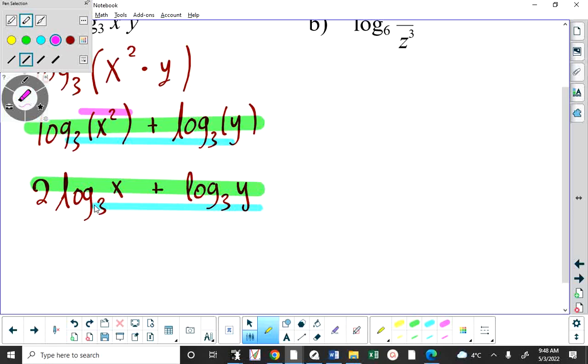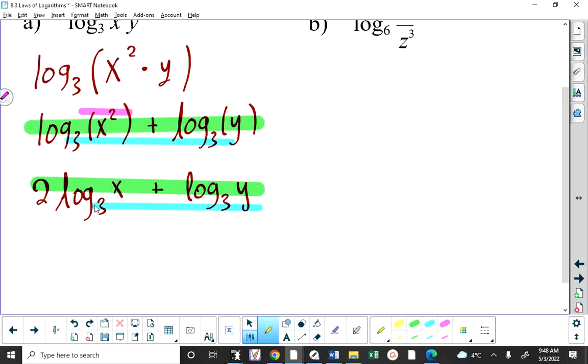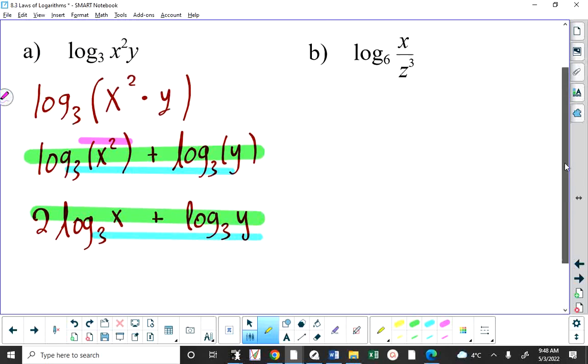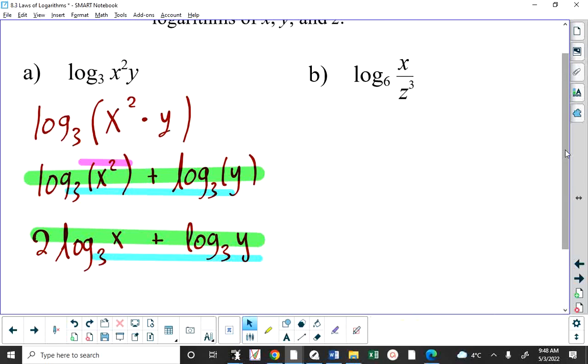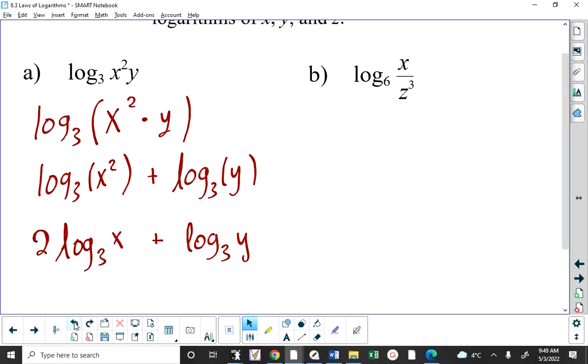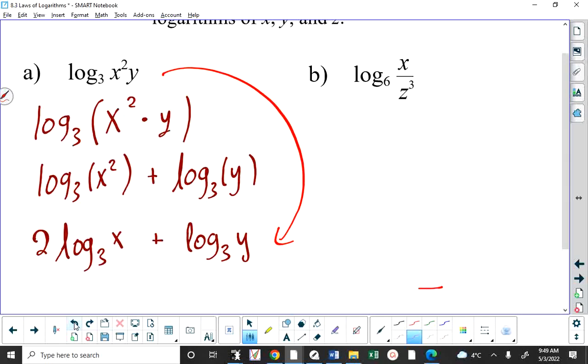And it's important for you not to just be lazy and write everything down like you threw it in a basket and dumped it on the paper. That needs to be organized. It's going to be helpful for later. My question to you is, and I'm going to get rid of all of the highlighting here. How many of you see that this is equal to that, and you could even have just done that to begin with? You're going to separate out the products, the factors that give you the product, and any exponents are going to lay out in front because of the power law.